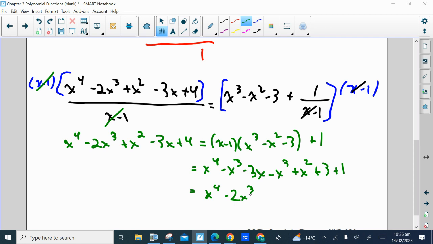I've just got one x term, the minus 3x. And then 3 plus 1 is 4. Get exactly the same thing on the right as what we have on the left. Again, this verifies that our quotient and our remainder is correct. Because if they weren't, we wouldn't get the same thing on both sides. Okay, so we can always check these.